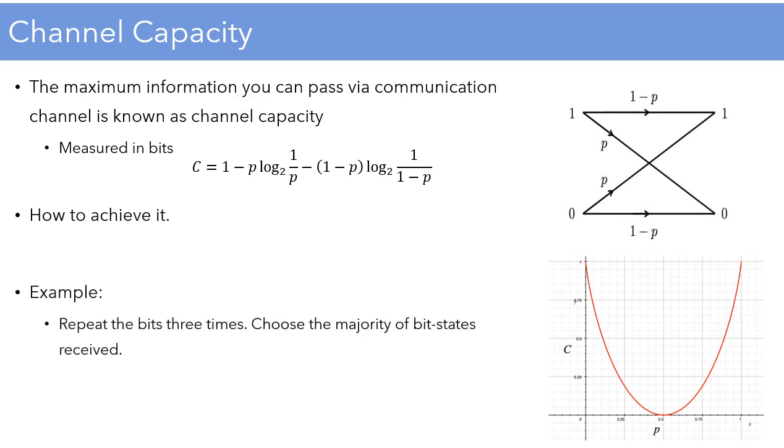One example which I will give here does not exactly achieve the capacity, but it is one way. Suppose we repeat the bits 3 times, and then we choose the majority of bit states. In that case, the probability that the majority will also be wrong is very small, right?